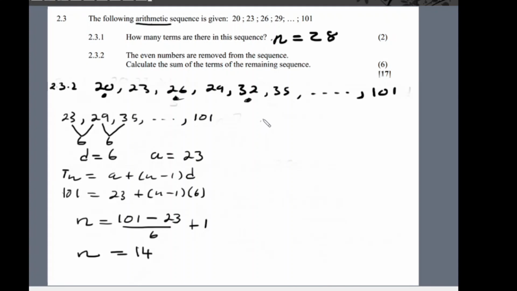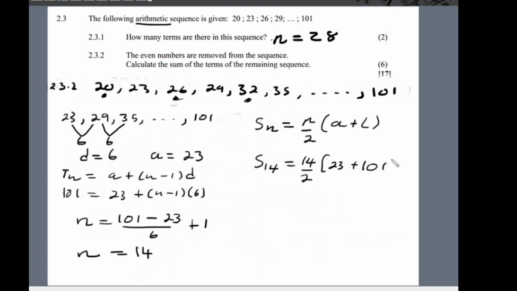Because this is an arithmetic sequence, we can calculate the sum of the remaining terms using this formula: Sn is equal to n over 2, times the first term plus the last term. The number of terms that we are summing is 14, the first term is 23, and the last term is 101.